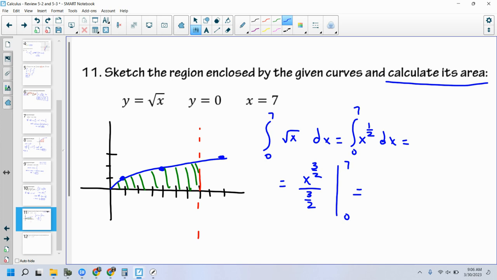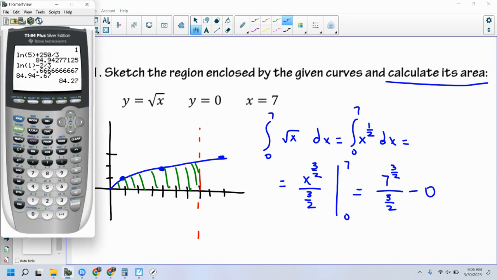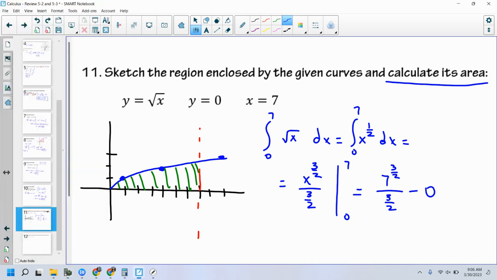Plug in 7: 7 to the 3/2 over 3/2, minus, when I plug in 0, it's going to be 0. So really, I just have to calculate that first part. 7 to the 1.5, because it's easier, divided by 1.5. That's 12.35.